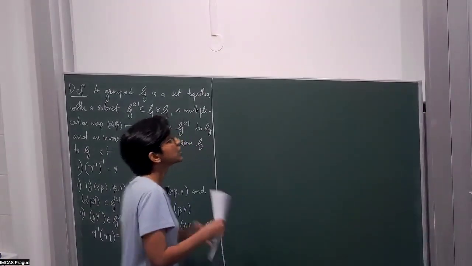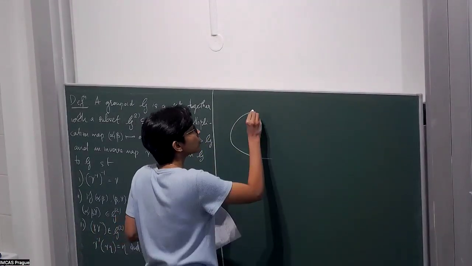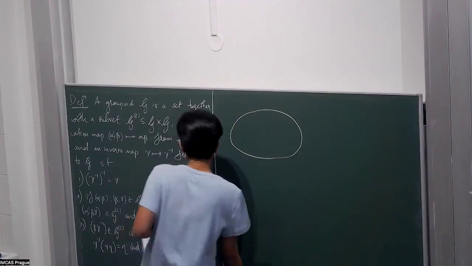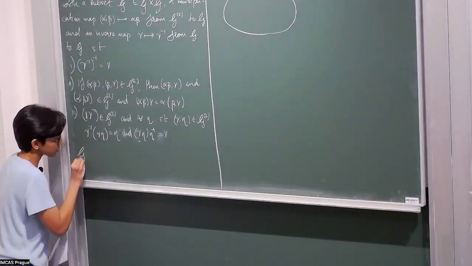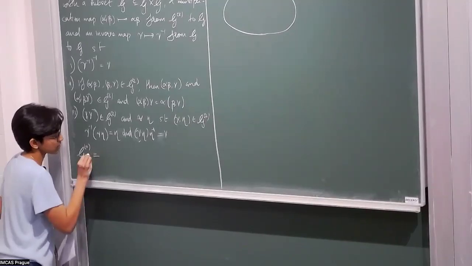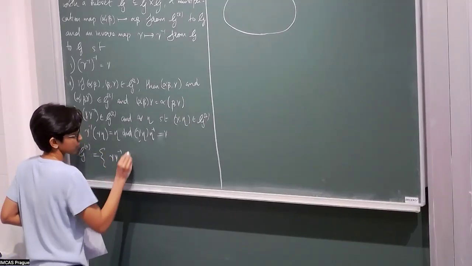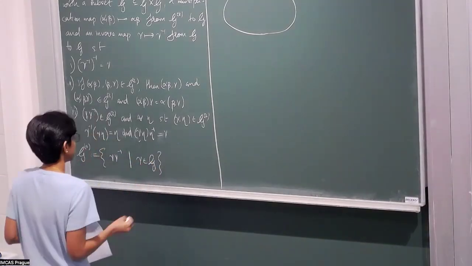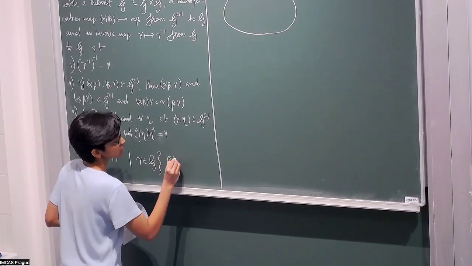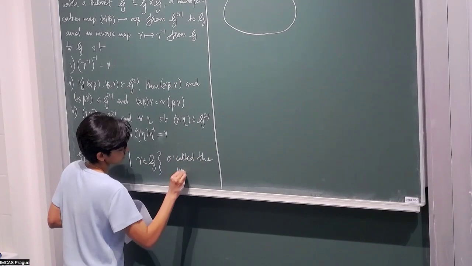And to understand this better, let us look at a picture. We can also define a certain subset, which is the set of gamma times gamma inverse, and this is called the unit space.